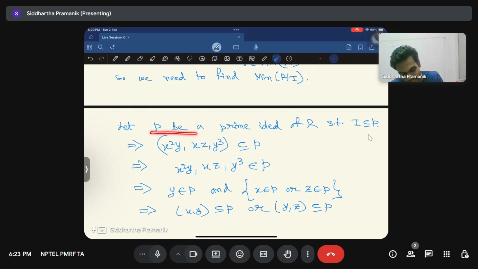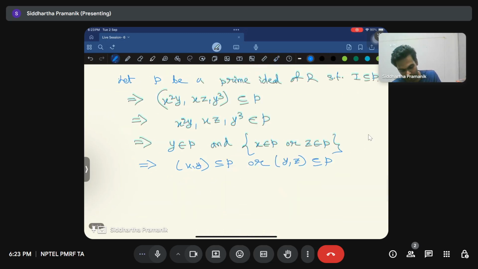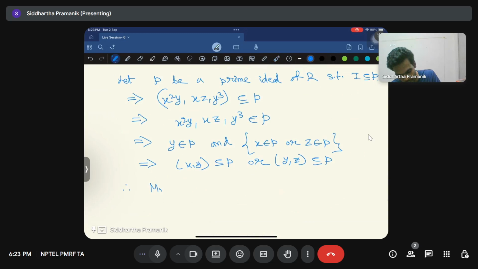If P is a prime ideal which contains I, then P must contain either this ideal or this ideal. So these two are the minimal primes. So minimal primes of R mod I are (x, y) and (y, z).